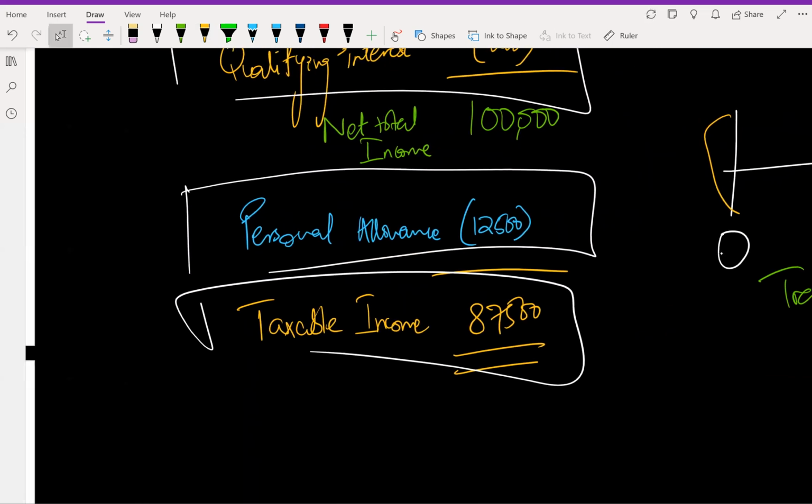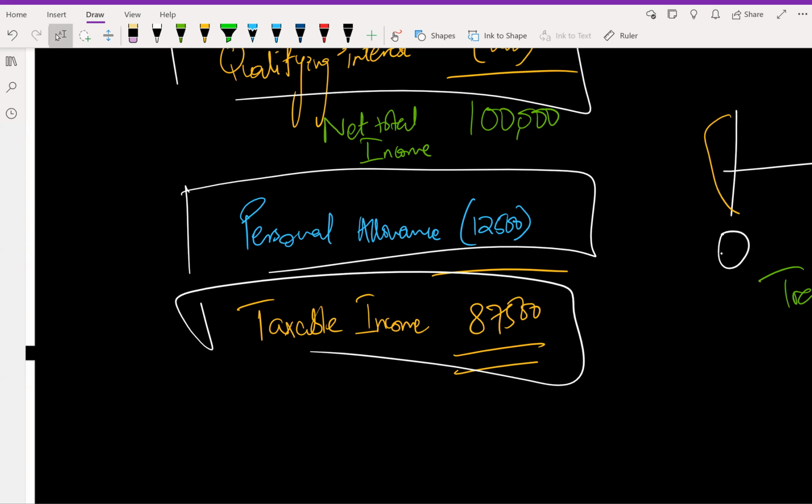Now, obviously after deducting qualifying interest, you get net total income from which you deduct personal allowance. Now, what exactly is personal allowance? Personal allowance is an amount allowed by HMRC to people like us.